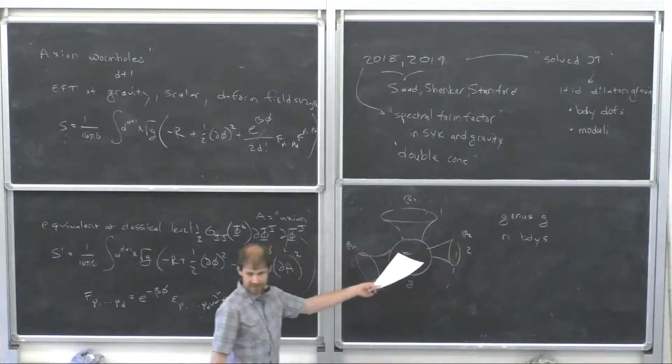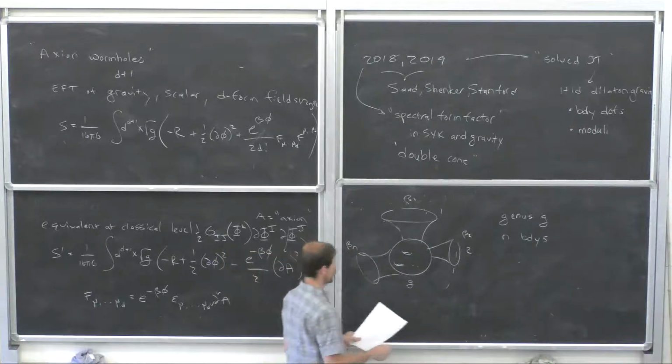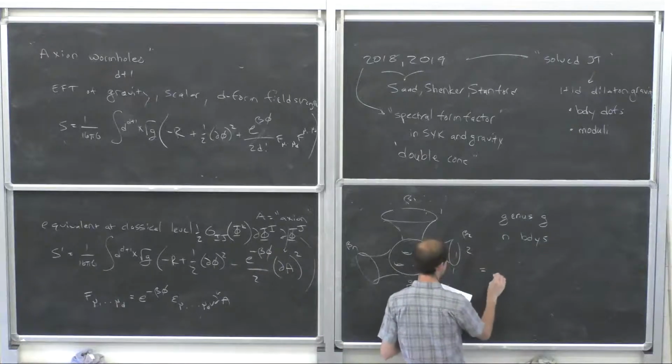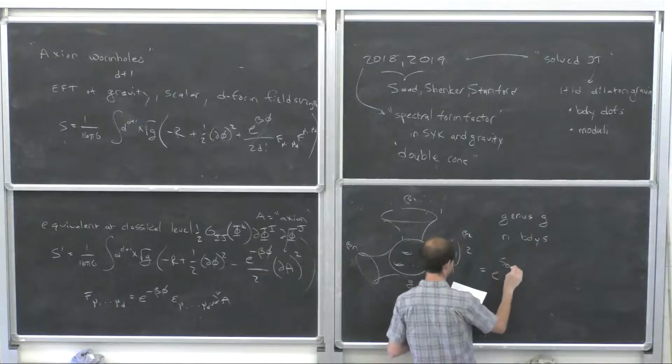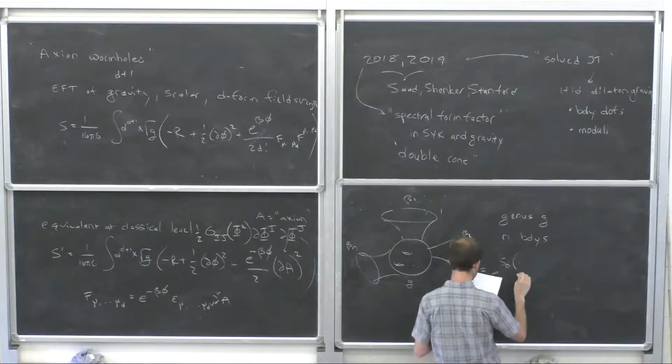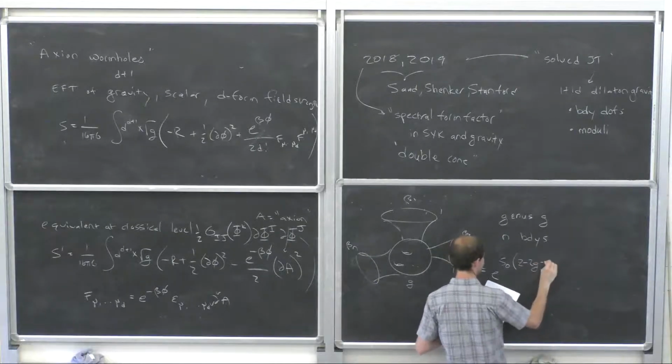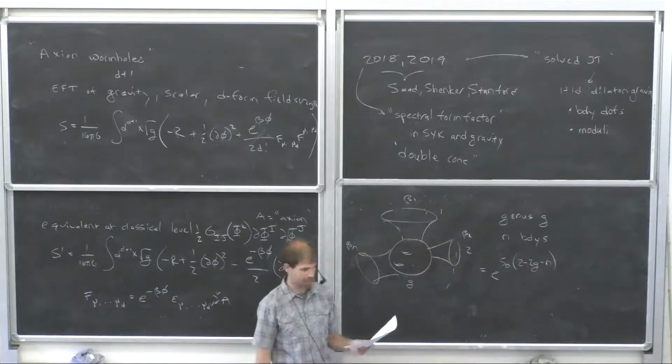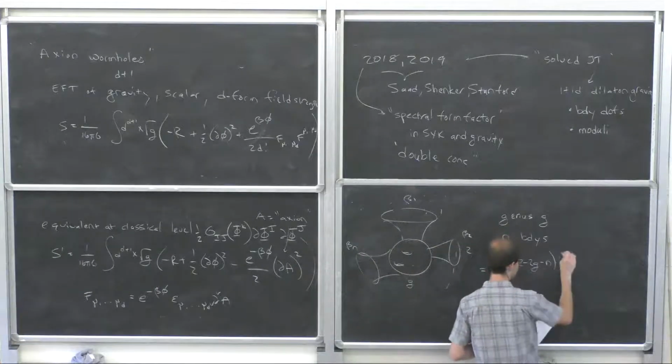Okay, so these amplitudes can be computed. They can be written as a topological factor of e to the S naught (2 minus 2g minus n), an Euler characteristic term, and then there's a moduli space integral.